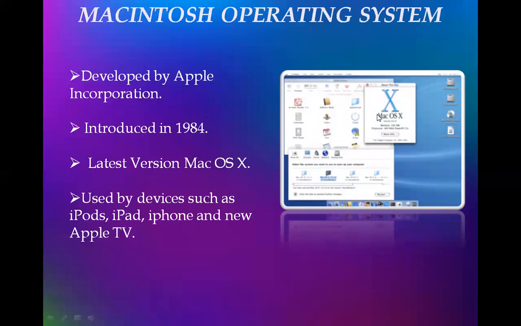The Macintosh operating system uses a graphical user interface. That's why all the commands are presented in this operating system in graphical images, as you noticed in this figure.